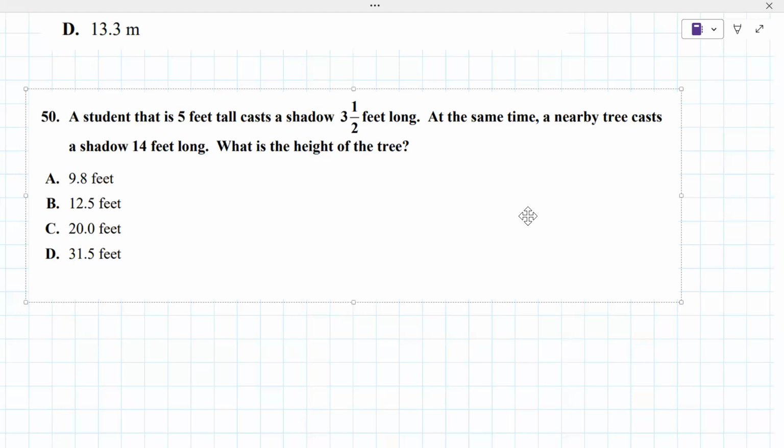Okay, so did you set up a proportion? Did you do something else? I did 3 1/2 divided by 5, and then I took 0.7 and multiplied that by 14. And you got Z. Yep.